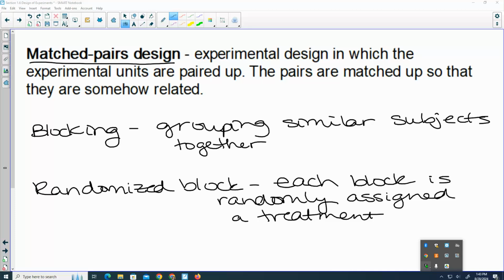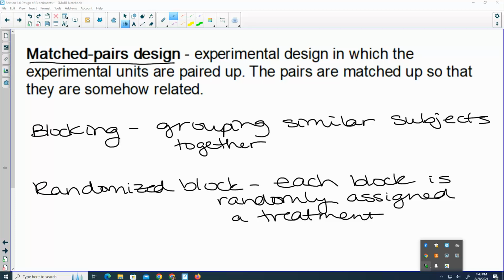We also might set up experiments where we have what's called a block. Blocking is a way of dividing people into groups. So maybe I am talking about classical music to see if it helps, and I think your GPA makes a difference in whether it helps. So I'm going to take all of the 4.0 students in one group, and then all the 3.0 to 4.0 students in a group, and the 2 to 3.0 in a group.